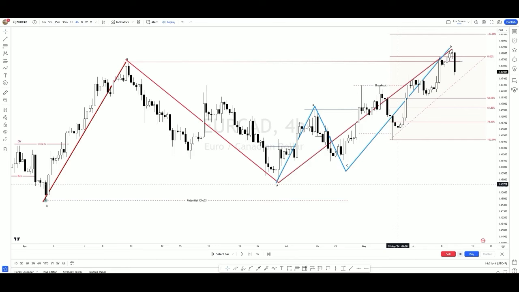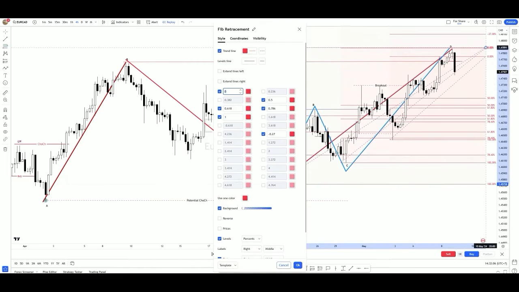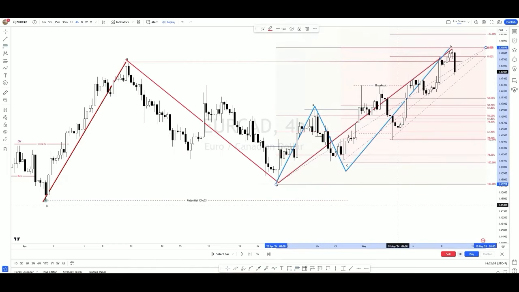Now we have many choices. Do you want to trade that breakout today? You can go ahead. And if it didn't work and you want to back it up between C and D, go ahead. If you want to back it up by A to D of the smaller structure, it's okay.